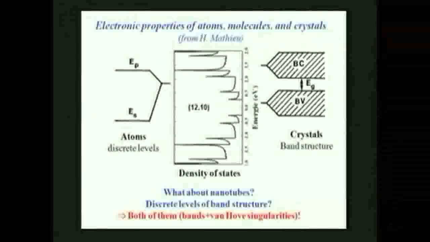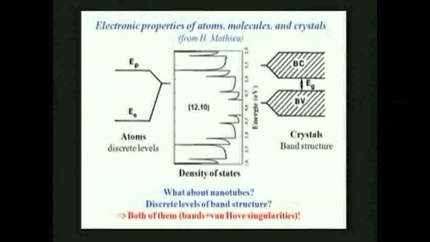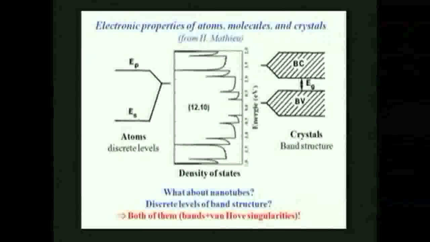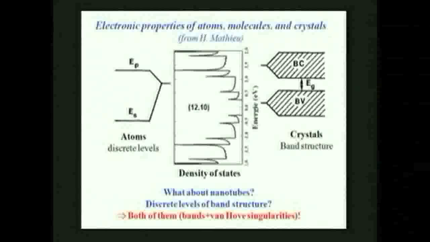And these peaks in the band structure are not usual. It happens only when you have a one-dimensional crystal, for example, a nanotube. And this reminds you that these one-dimensional crystals also look like a macromolecule. And in a macromolecule, you have discrete levels. And here, you can also think that you have something which looks like a macromolecule.